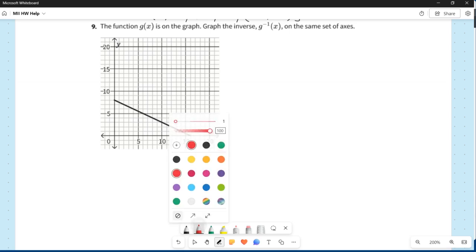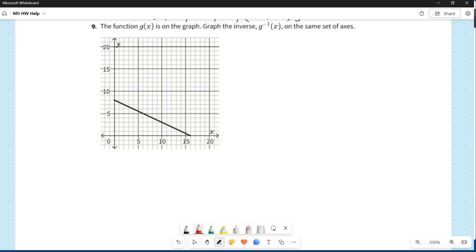So one way to do this problem, this is not the only way, is to say, all right, well, what's a point on my original graph? So we can start with our y-intercept. Nothing wrong with that.